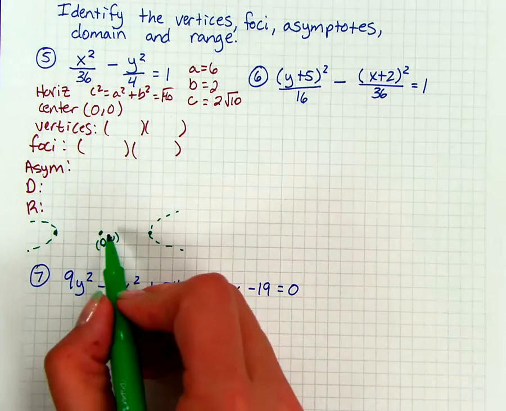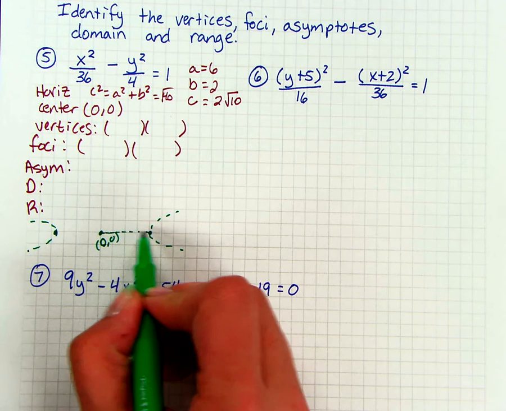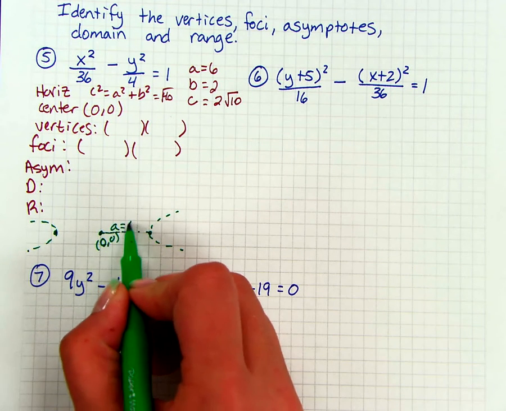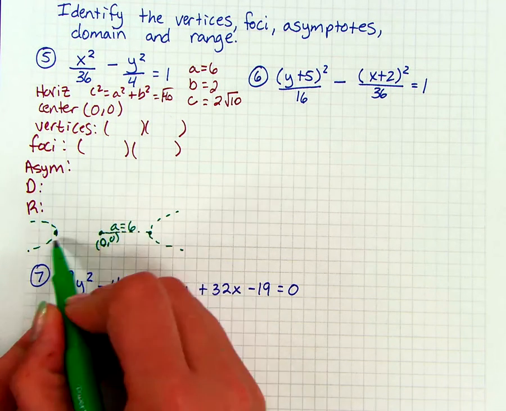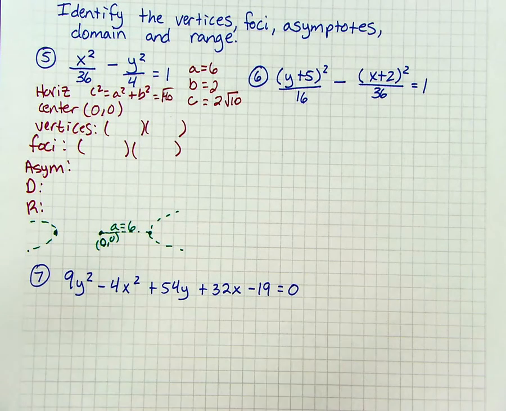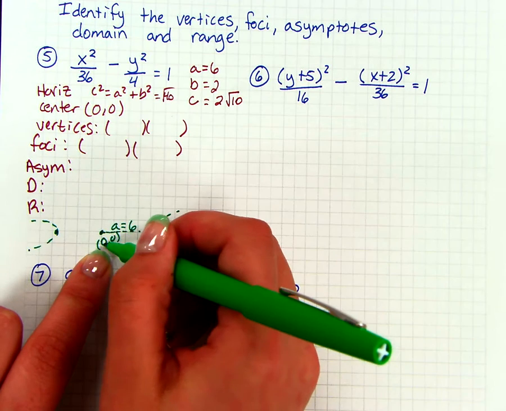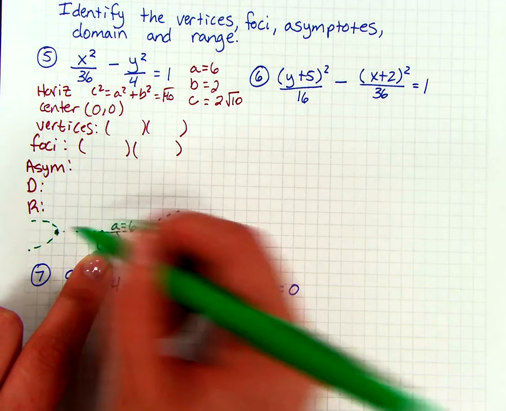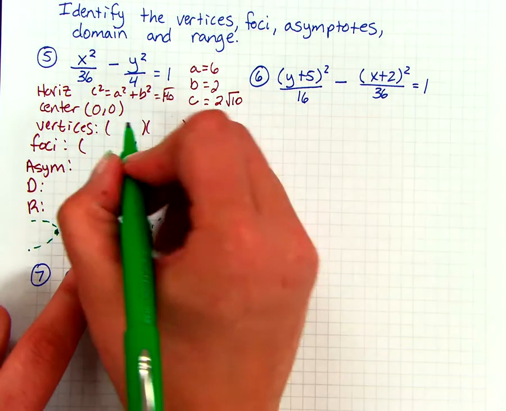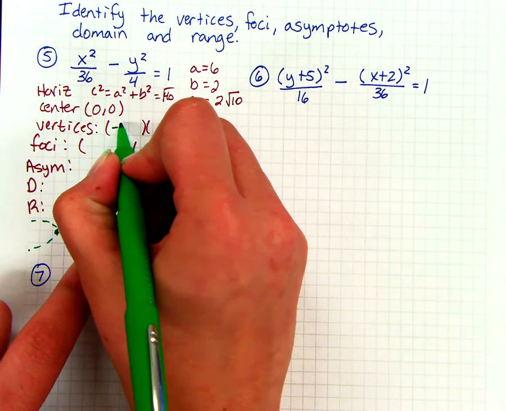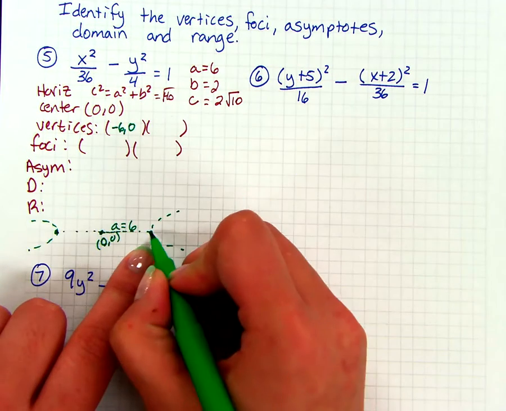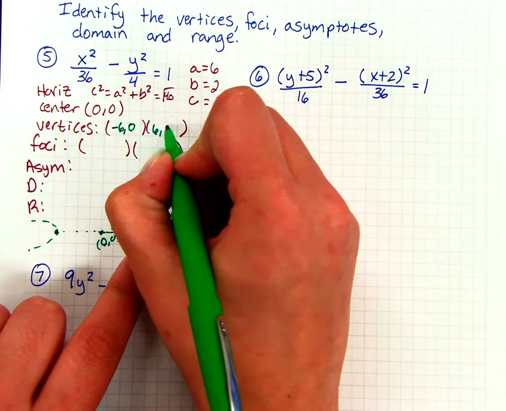So from the center to a vertice, this is our A value. And we know that A is 6. So since we're going horizontal, we are going to add and subtract 6 from the x value of our center. So if we go 6 this direction, it will be negative 6. So our first vertice is at negative 6, 0. And then this one will be at positive 6, 0.